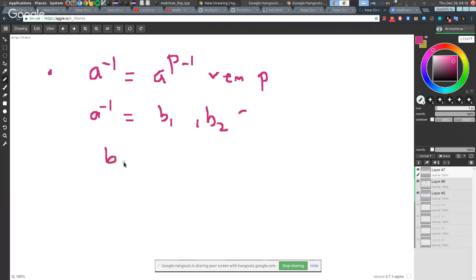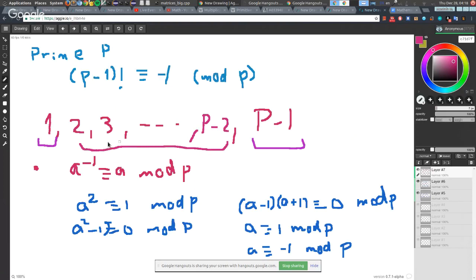It means that B1 times a is congruent to 1 mod p. Here I'm also assuming that a is smaller than p, so it's still one of these numbers here.